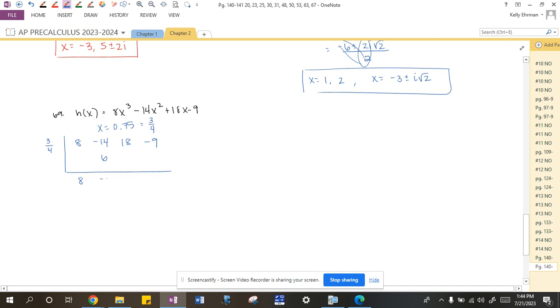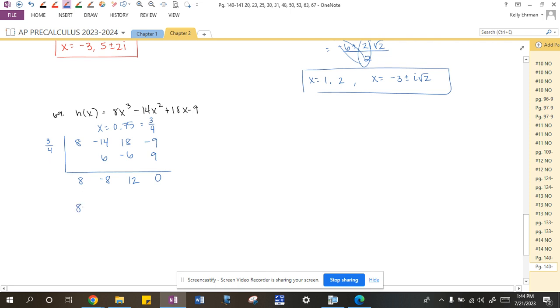And then this adds up to -8. So again, -8 divided by 4 is -2, times 3 is -6. This adds up to 12. 12 divided by 4 is 3, times 3 is 9. So far we've got this to x equals 3/4 is an answer.